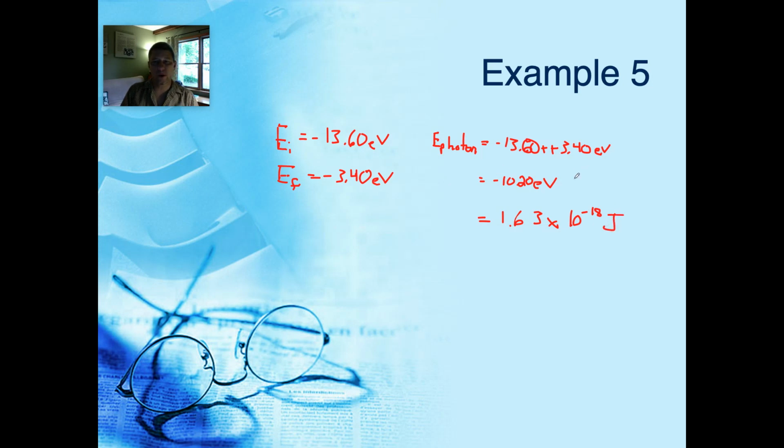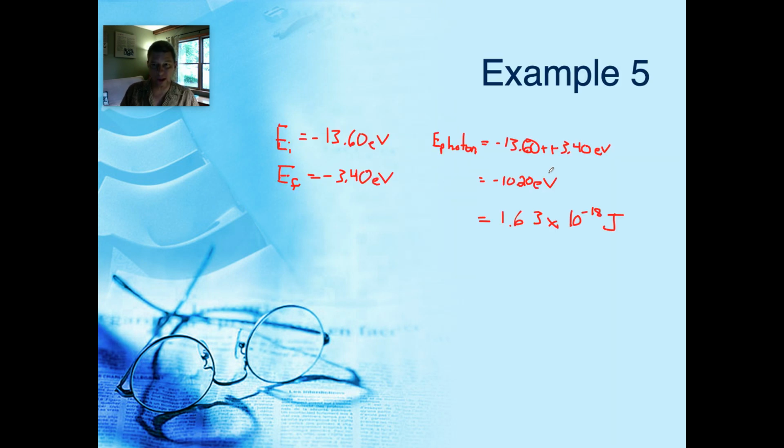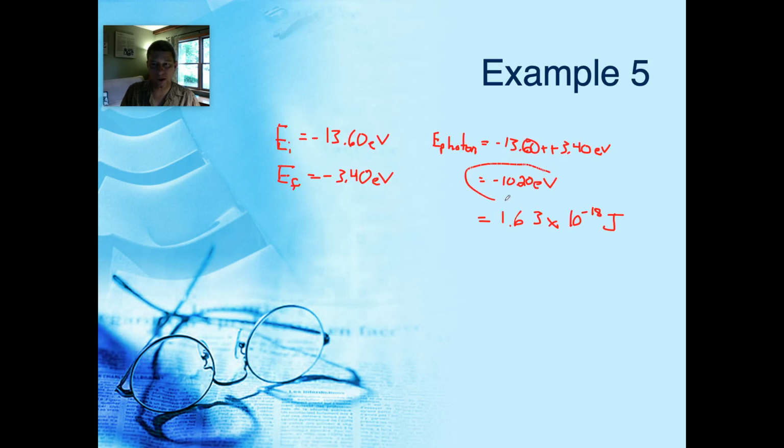So these two numbers are equivalent: the negative 10.20 electron volts, and the negative 1.63 times 10 to the negative 18th joules. Those are equivalent terms. But the answer to the question is this right here.